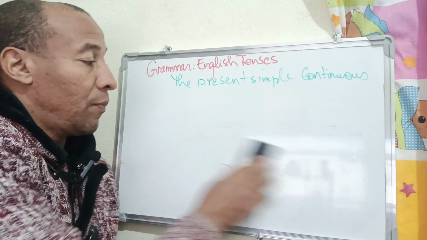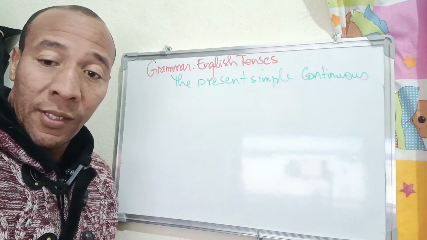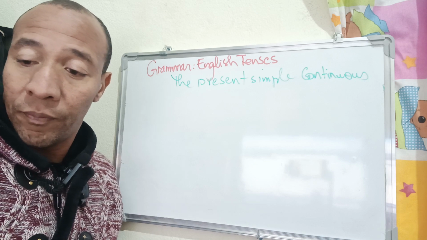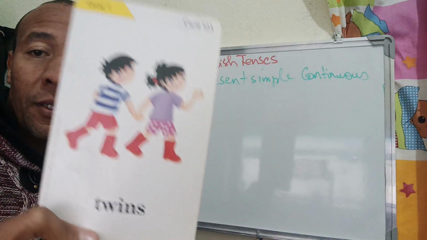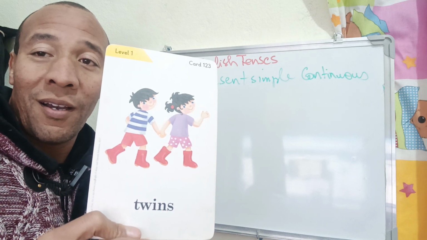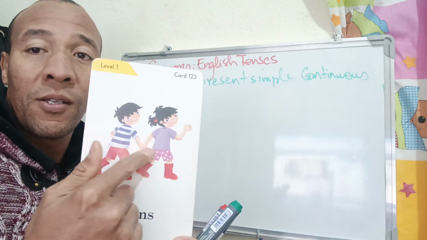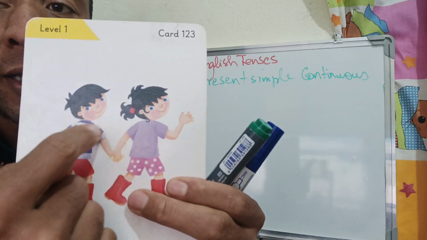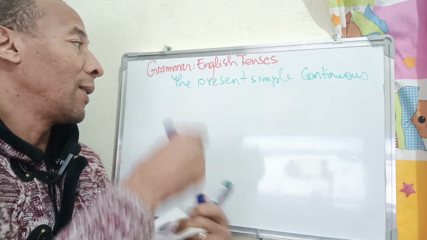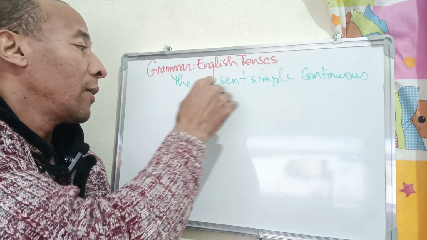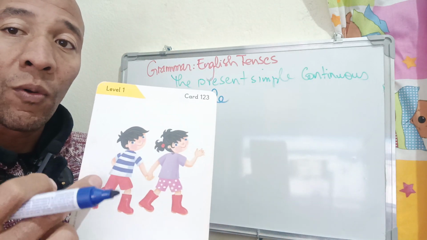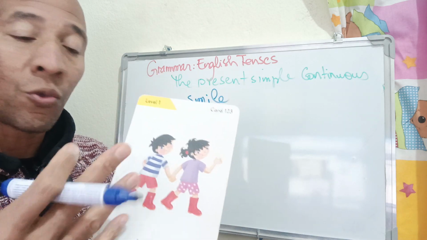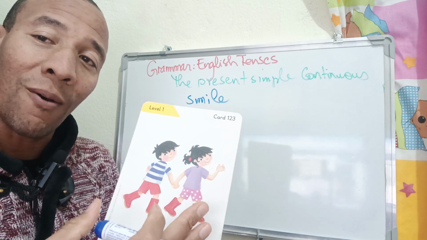Now let's see some other examples. Okay, look at this picture. What can you see? Yeah, these are twins. So what are they doing? Now let's say, okay, let's use the verb smile. So the question, what are the twins doing now?